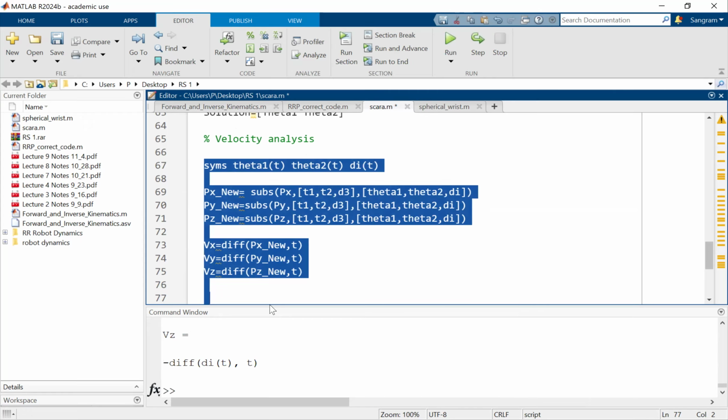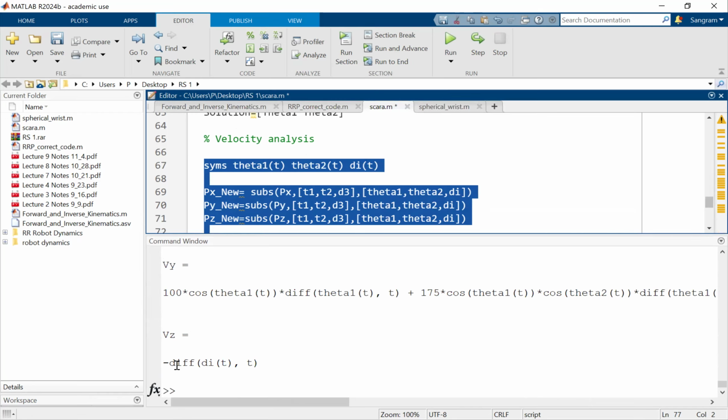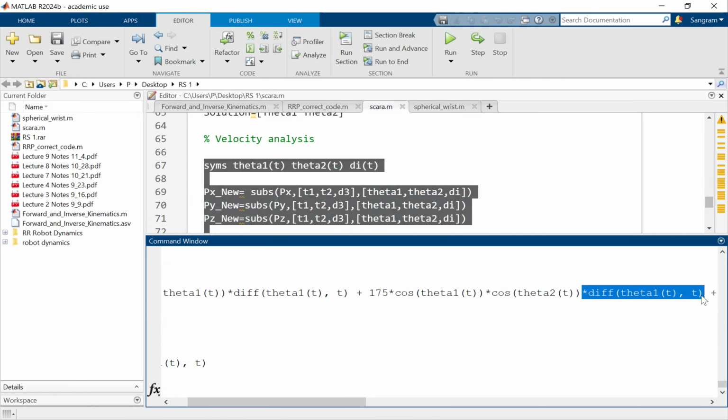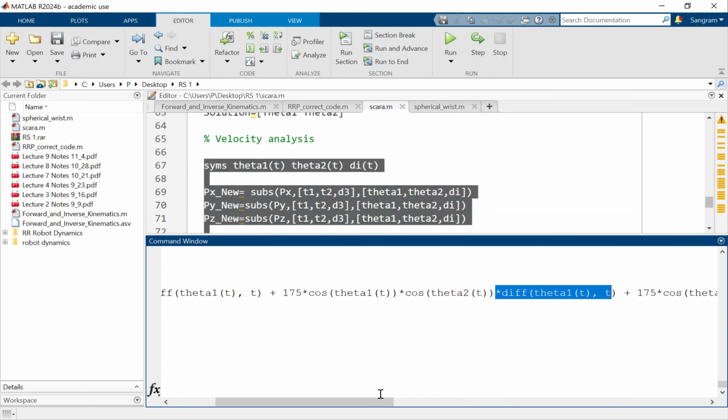One thing I want you to notice is that MATLAB will give you diff d3 t, which stands for d3 dot. Here you will see diff theta1 t, that is theta1 dot. And this is exactly the same as the equation that I derived. Everyone understood this?